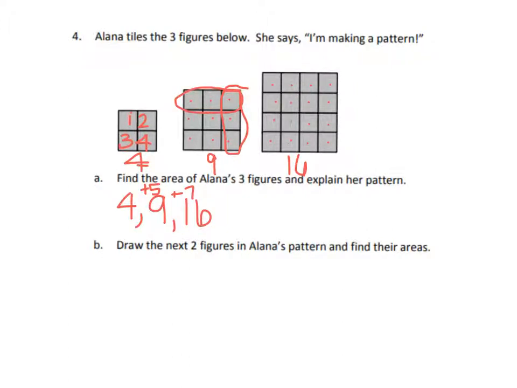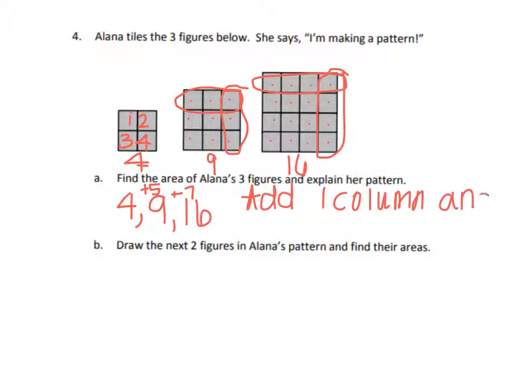And then if we look at the next one, again, I see an added column and an added row. So her pattern is to add 1 column and add 1 row.